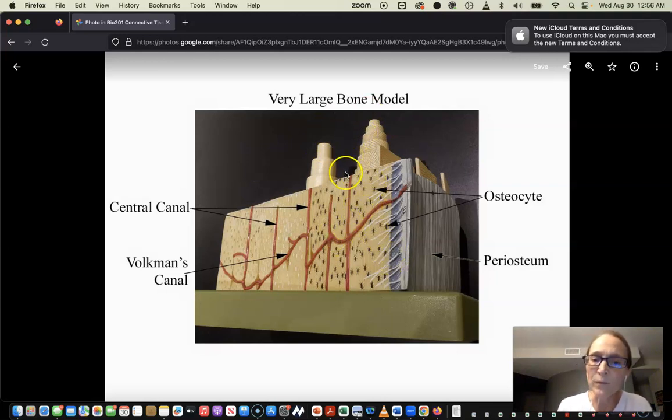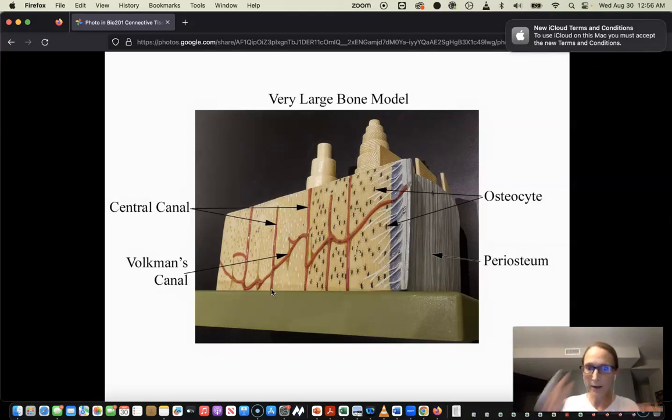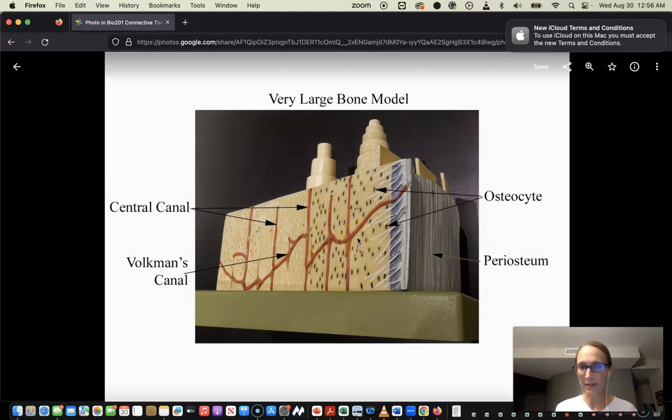But you can see all these central canals that are running, and you may have thought, well, where are they connecting in from, right? How are they getting all their blood flow into these central canals?